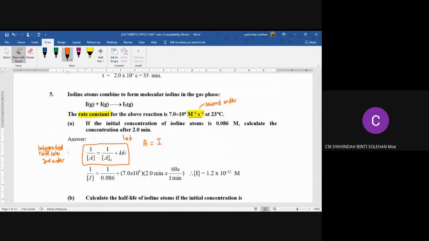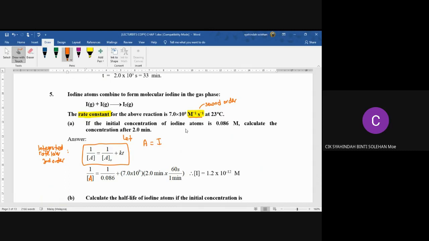Kalau you dah letak let A is equals to I, you boleh terus guna je 1 over concentration A final. This is something that you want to find, equals to 1 over concentration initial of your iodine yang diberi ialah 0.086. Okay, and then campurkan dengan k.